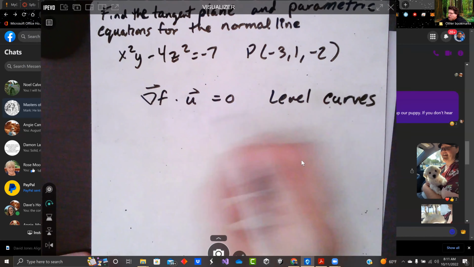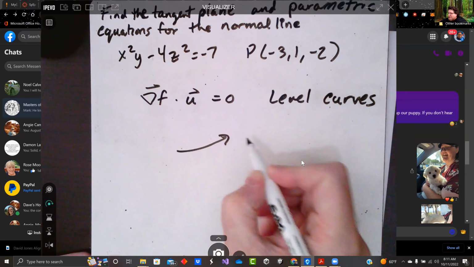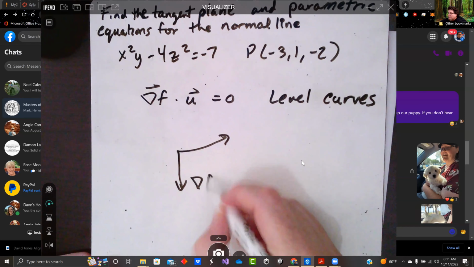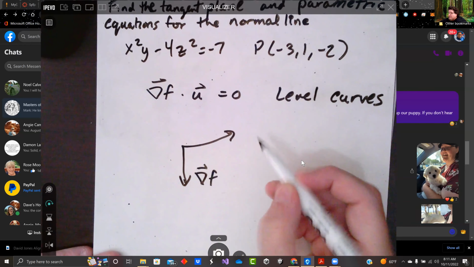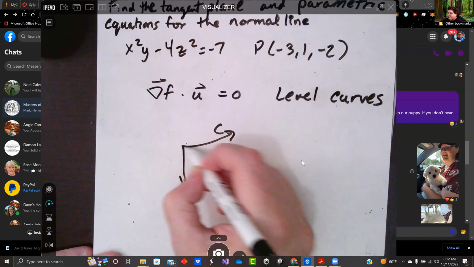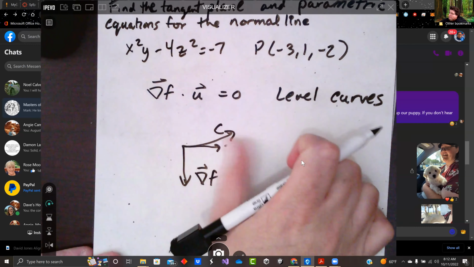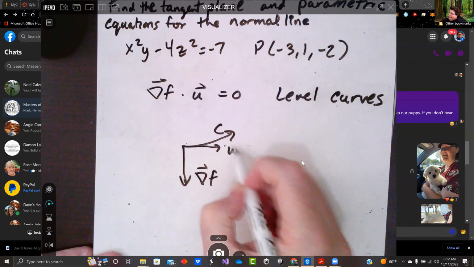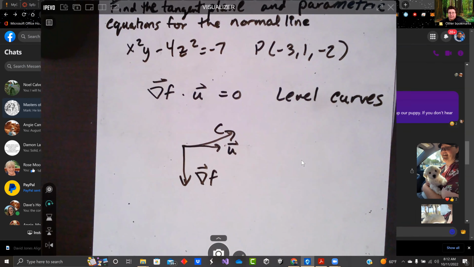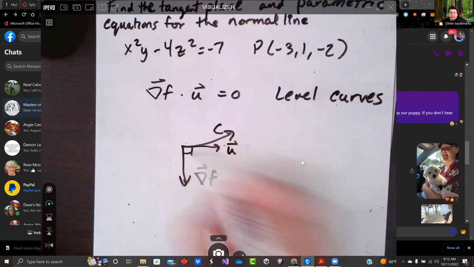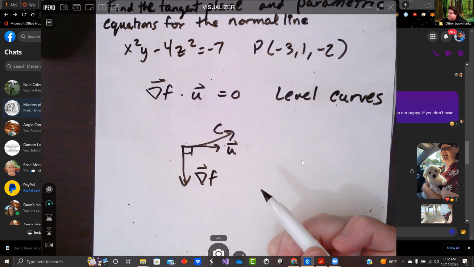To get a level curve and have a dot product of 0, the gradient of f had to be normal to the curve. So there's the curve C. We have some tangent vector u right there. And to get the dot product to be 0, it had to be orthogonal or normal.